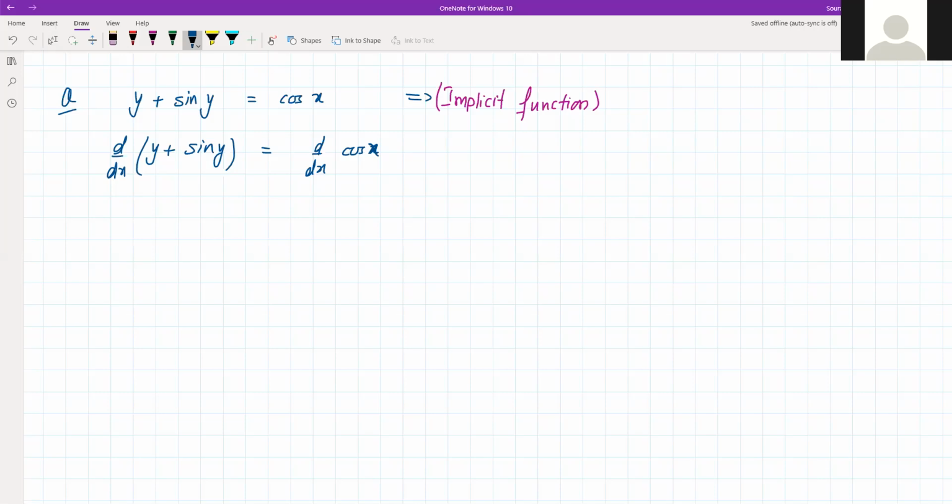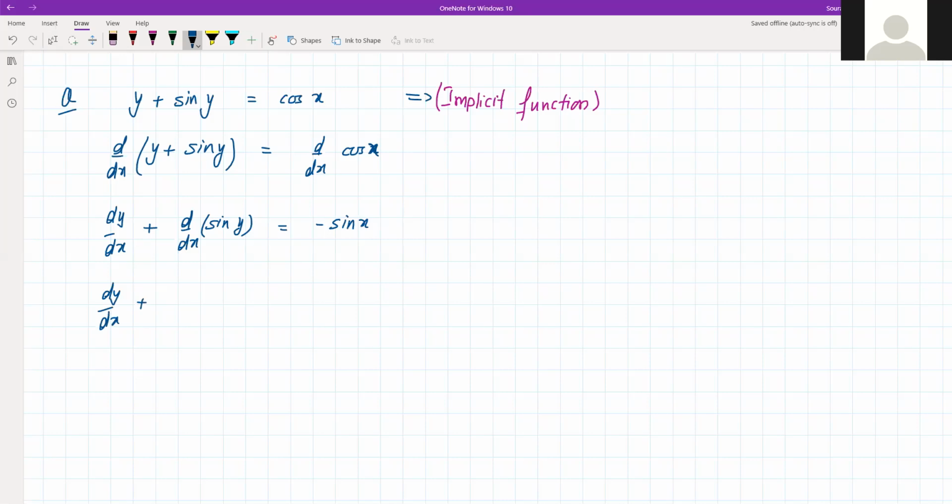So the first part will be d by dx of y, and then d by dx of sine y, and y is a function of x, we know that. On the right hand side we have minus sine x. Now d by dx of y is dy by dx as it is.